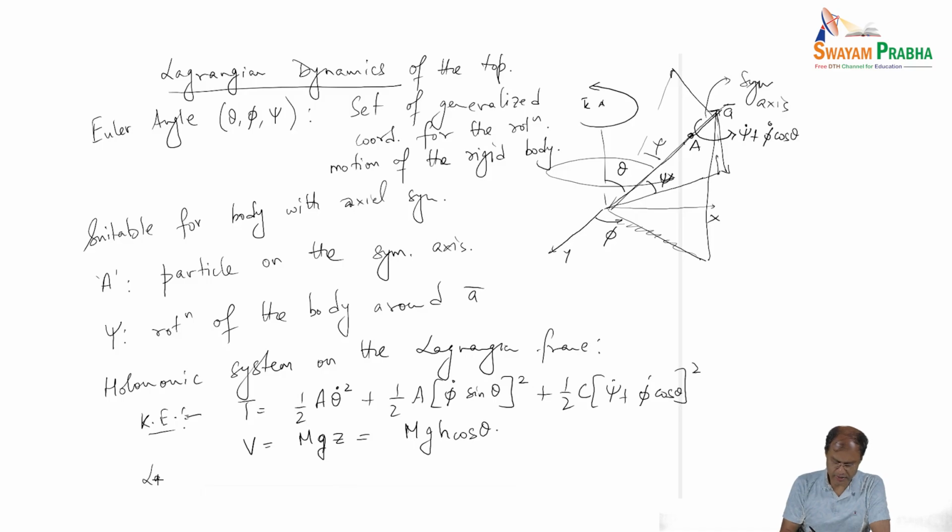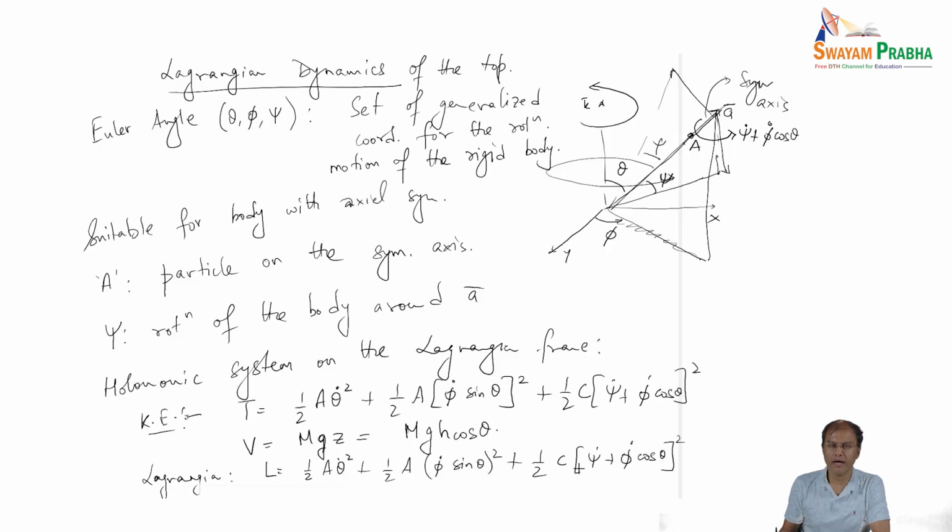The Lagrangian is given by L = 1/2 θ̇² + 1/2 (φ̇ sin θ)² + 1/2 C (ψ̇ + φ̇ cos θ)² - mgh cos θ.